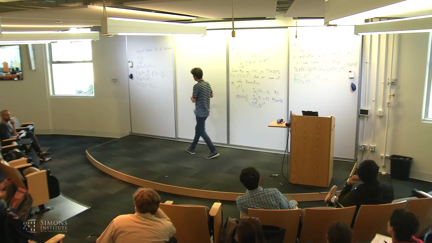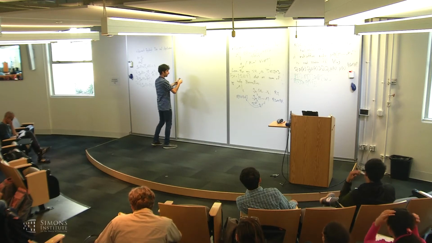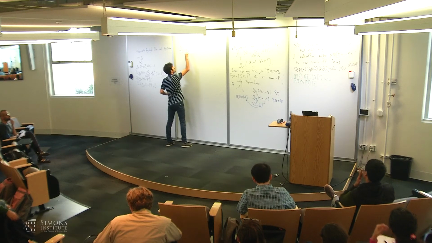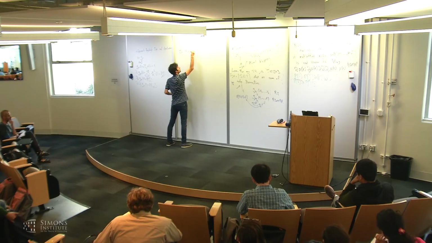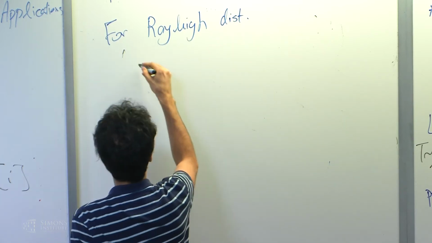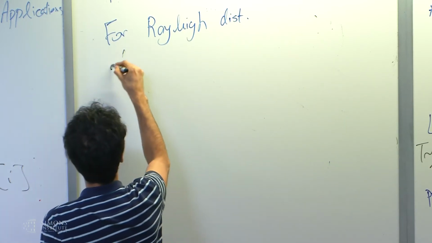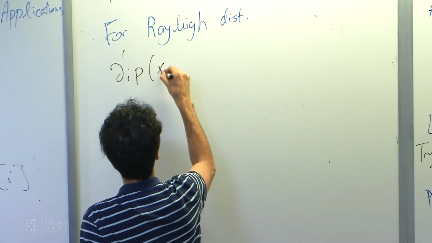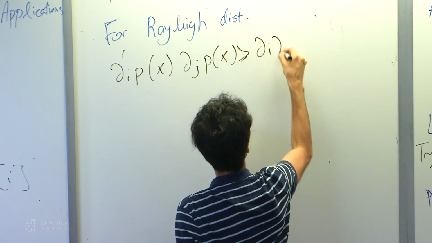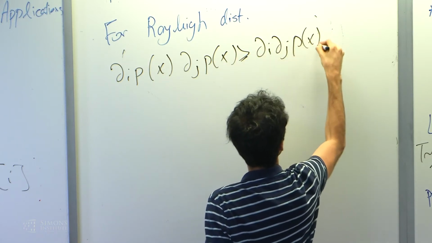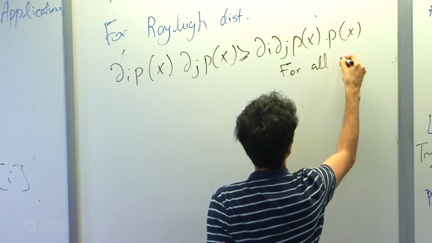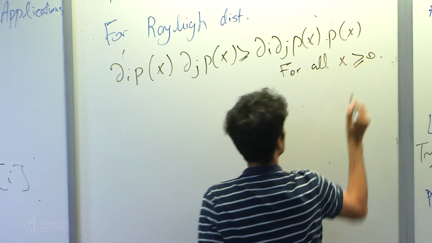Okay, so let me summarize. For Rayleigh matroids, for Rayleigh distributions, we have that partial i of p at x times partial j of p at x is bigger than or equal to partial i partial j of p at x times p of x for all x bigger than or equal to 0.